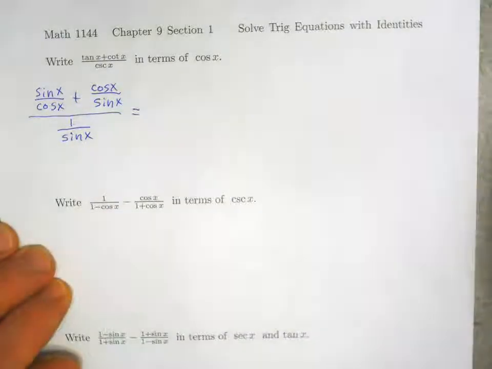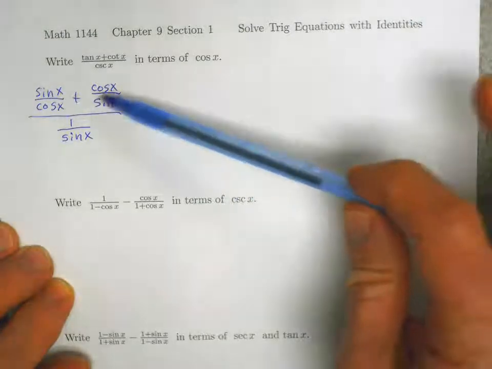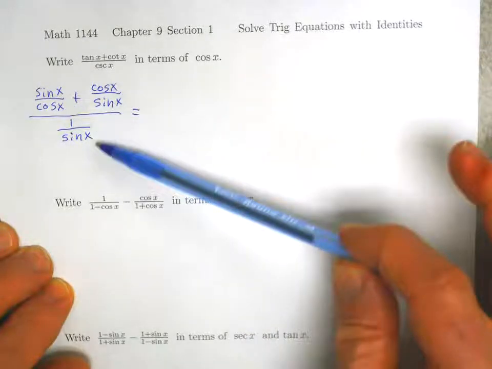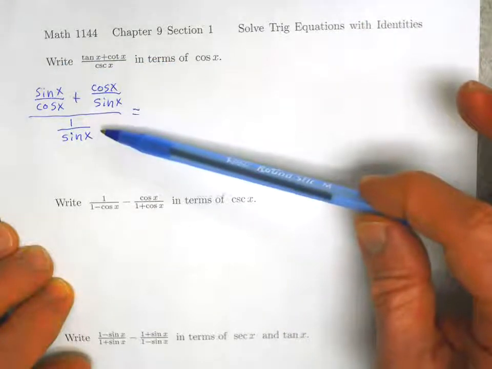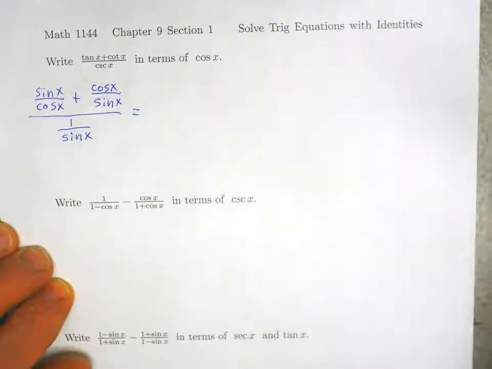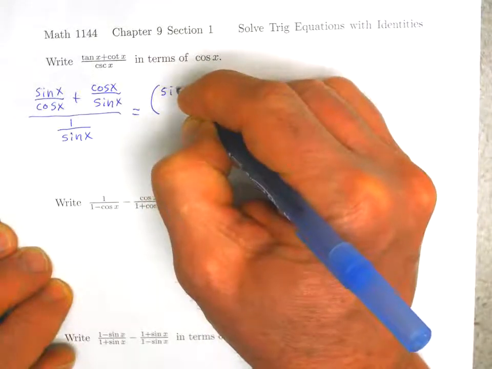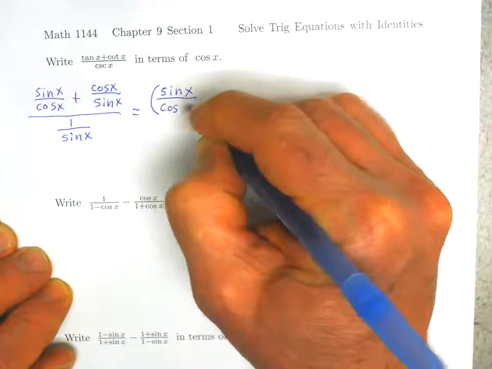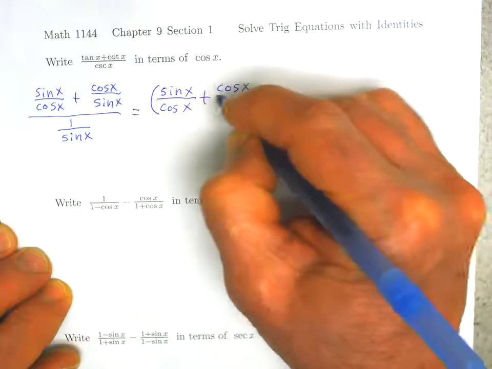Okay, so what I'll do next, instead of combining the sum in the numerator, I'm going to multiply the entire numerator by the reciprocal of 1 over sine of x. So this will be sine of x over cosine of x plus cosine of x over sine of x.